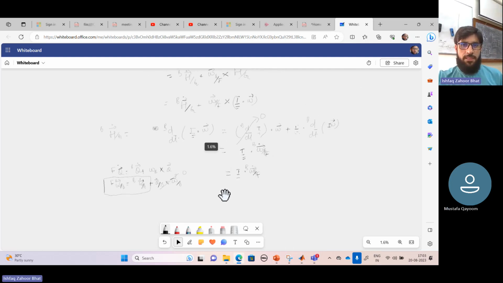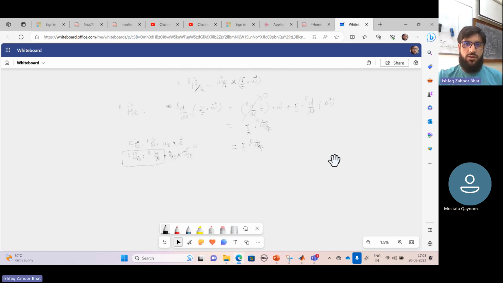Okay, so now we have got this equation. So what is our equation? The external torque is equal to... I think it is becoming a little bit... I think it is not visible now.